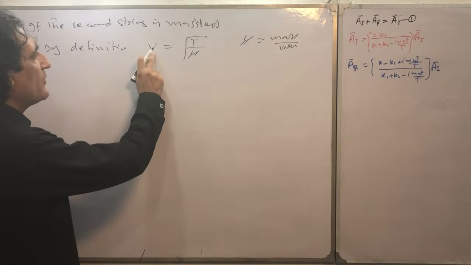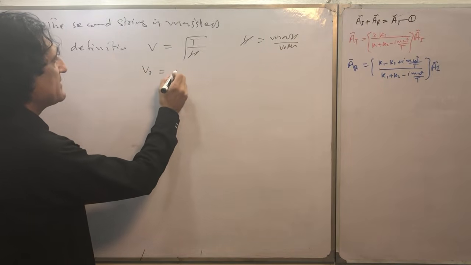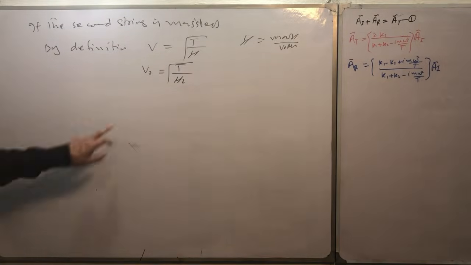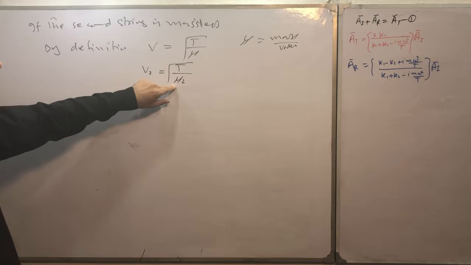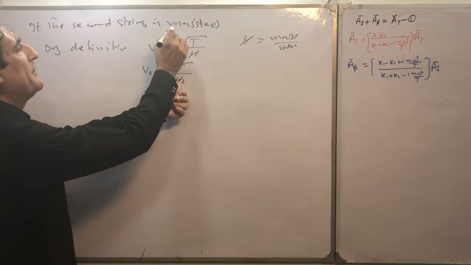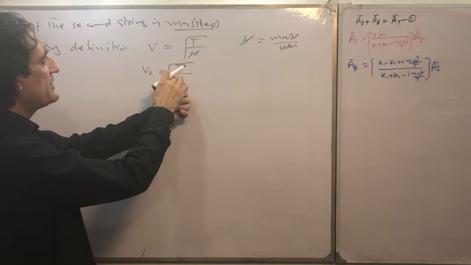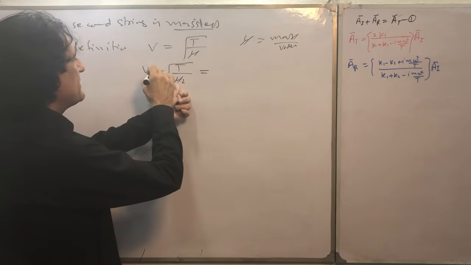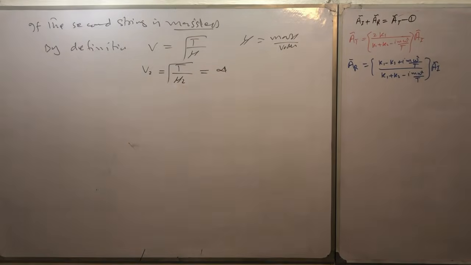If the second string is massless, then v2, the velocity in the second string, will be, if the mass per unit length approaches 0, very small, then the velocity approaches infinity. So this is the condition.